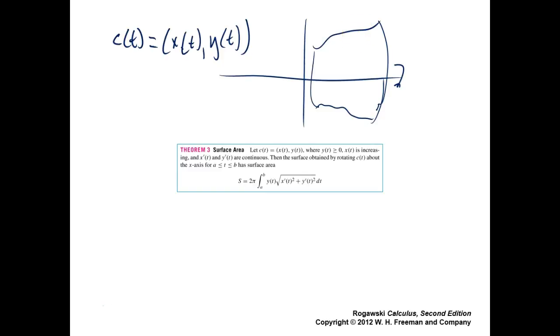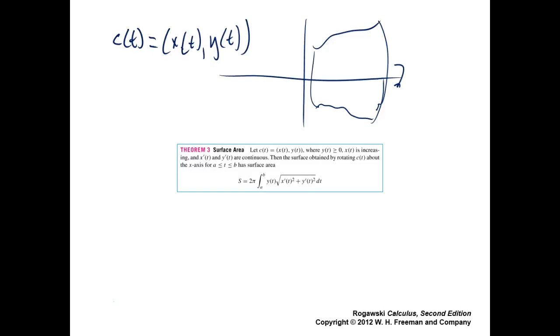So the parametric curve lies above the x-axis, and x of t is increasing, so the curve does not reverse directions. I said you could put a loop-de-loop in it, but it would really screw things up, so have it increasing in x, okay?